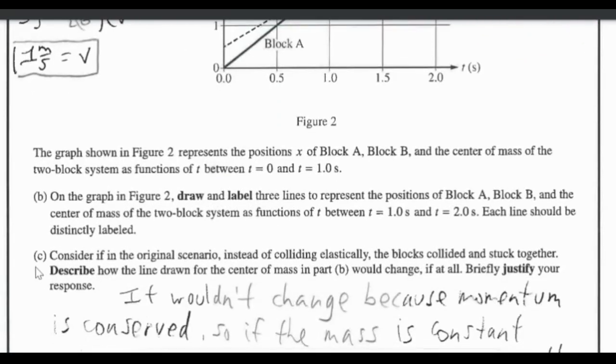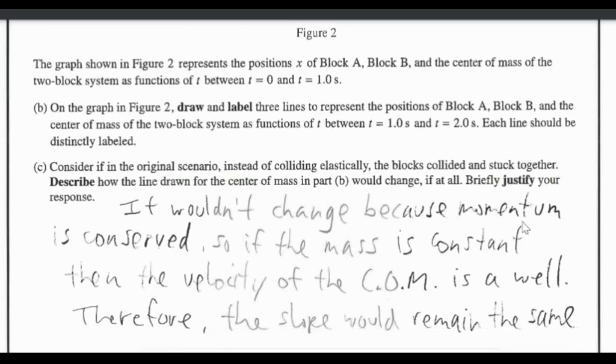Now it says, consider in the original scenario, instead of colliding elastically, the blocks collide and stick together. Describe how the line drawn for the center of mass in part B would change, if at all. Briefly justify your response. So if they are colliding as an inelastic collision, there would be some differences, but it wouldn't change because the momentum is conserved if it's an elastic or inelastic collision.